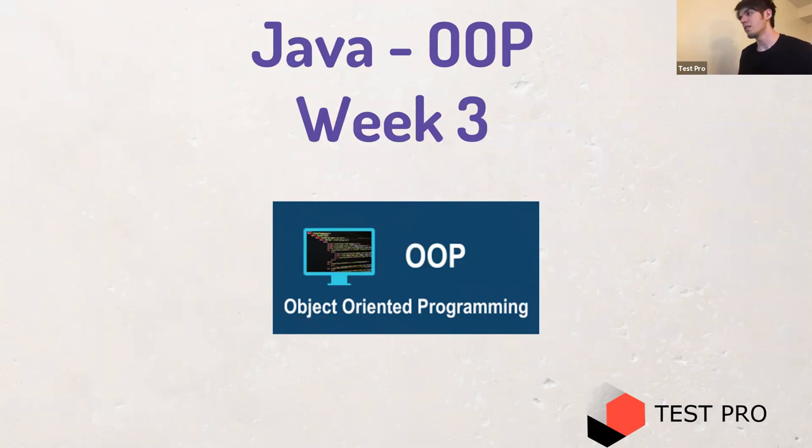Starting from today, we're going to dig deeper into the OOP world. Probably most of you have already heard about OOP, or if you work in other languages like C#, Python or C++, most advanced languages use OOP concepts. We're going to talk more about that today.